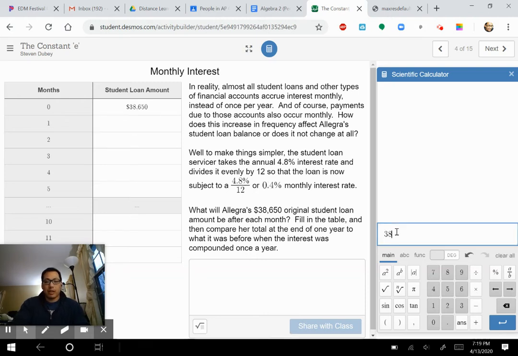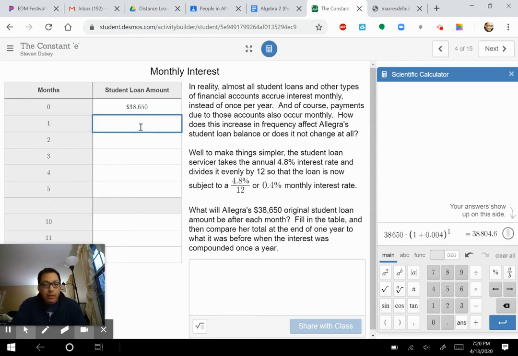We'll have 38,650 times 1 plus 0.4% is 0.04. So this is 0.04%. After 1 month, she now owes $38,804. Maybe I'll just start rounding to dollars.